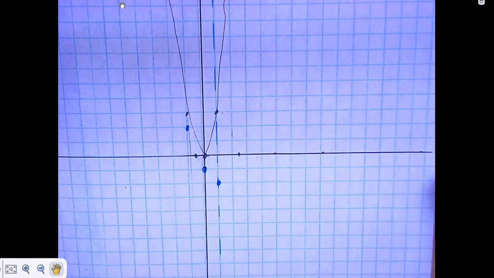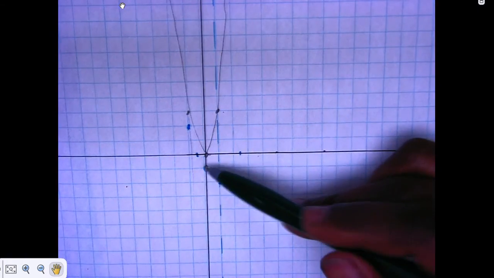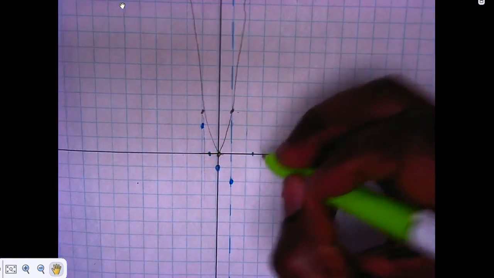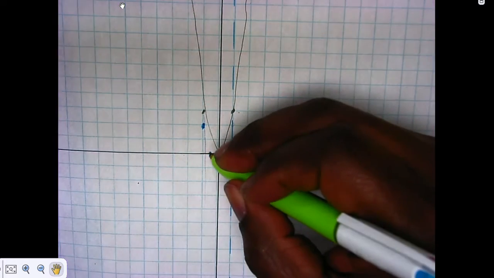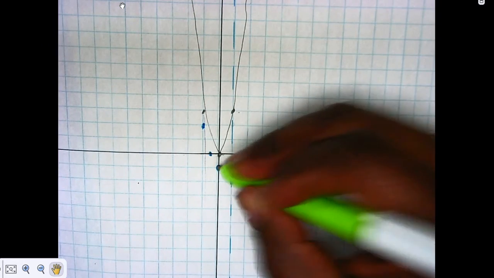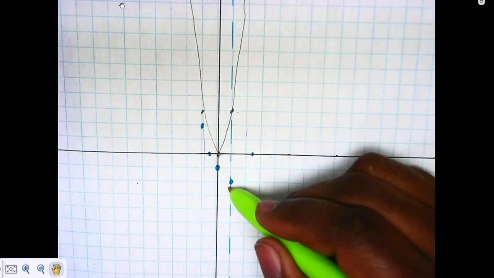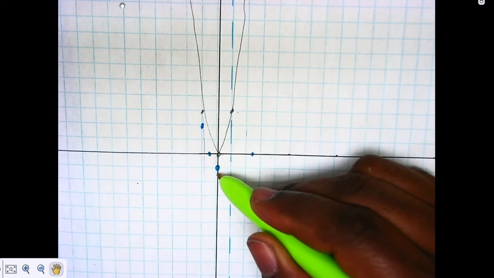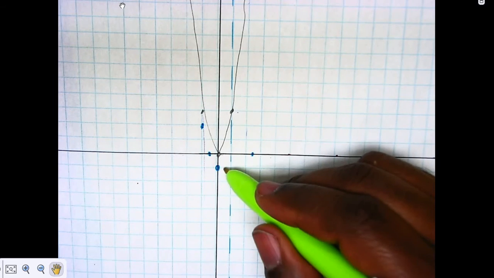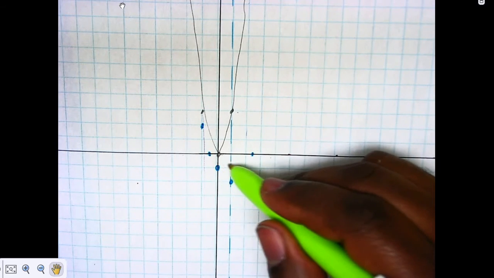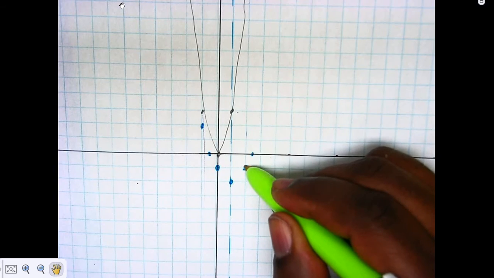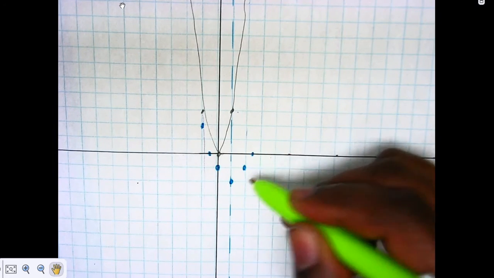Now, we actually already have that on our paper, 0, negative 1. But why is that important? Why did I want to talk about this right here as my y-intercept? Because again, this is a symmetrical graph. So if I have a point up 1 and to the left 1 from the vertex on this side, then there's got to be one symmetrically right there.